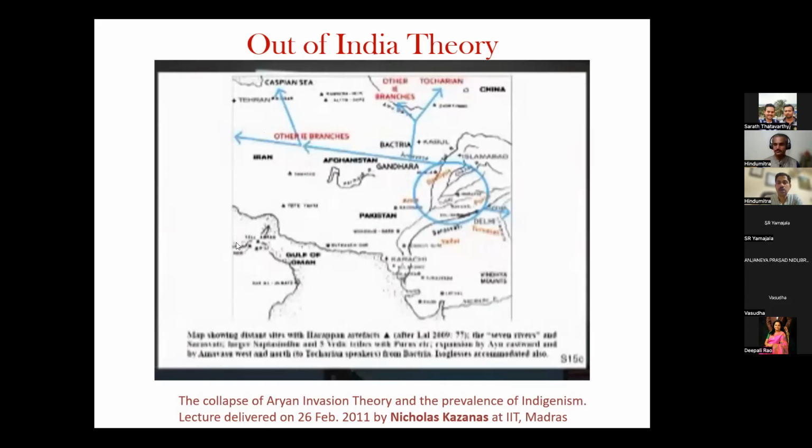Okay, thanks a lot, Gaurishankar. I think there are a couple of points that came to my mind, with which we'll finish. One is that the arguments will continue. Those who want to propose that Indians migrated from outside will continue to come up with their own narratives.